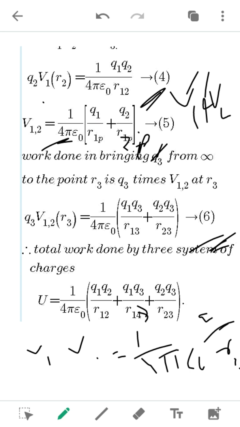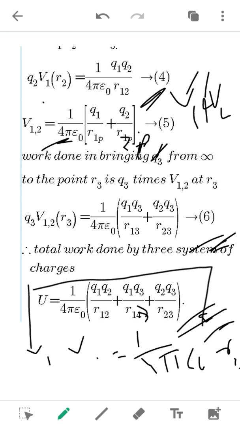So this is the potential energy due to system of charges. If there is n number of charges, the same thing goes. Here the last term will be Q1 Qn upon R1n. So this will be the equation for the potential energy due to system of charges.